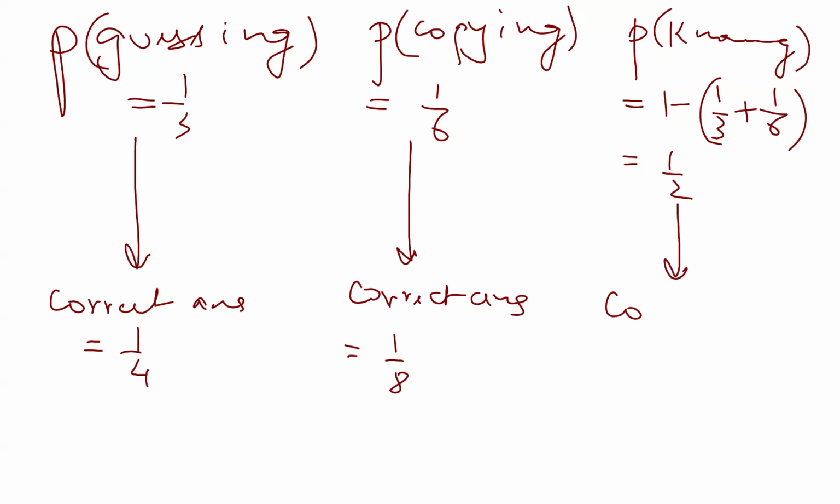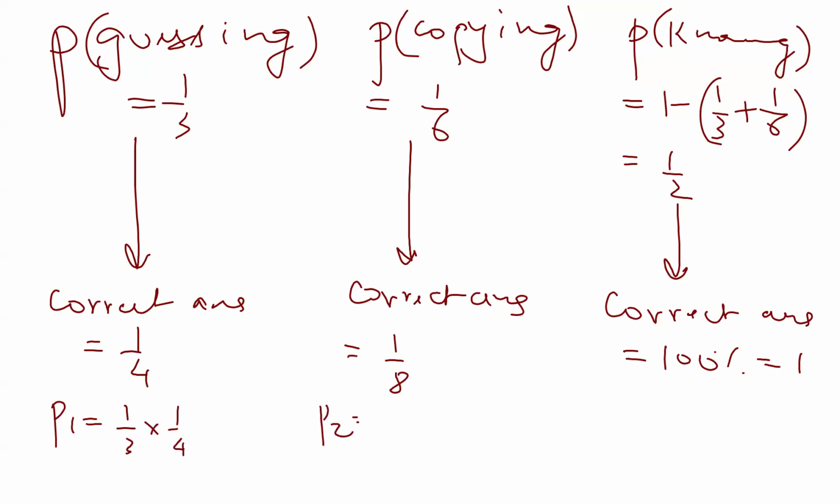In the last case, correct answer by knowing: if he knows, the answer has to be correct, so it has to be 100%, which is 1. So P1 is equal to 1 by 3 into 1 by 4, correct answer by guessing. P2 is equal to 1 by 6 into 1 by 8, correct answer by copying. P3 is equal to 1 by 2 into 1, correct answer by knowing.